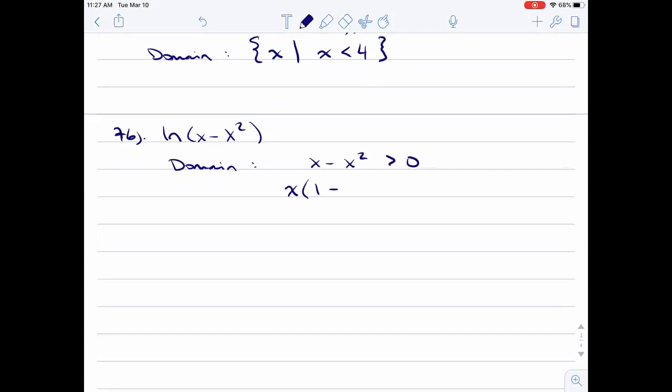So x times 1 minus x. Well, I can factor that out. Nothing's changed on the right-hand side. Still has to be greater than 0. If I look at this, then I've got x and 1 minus x, and I'm multiplying those things.